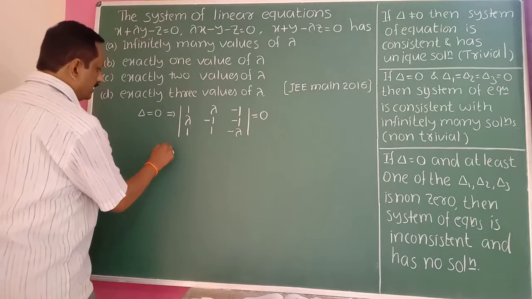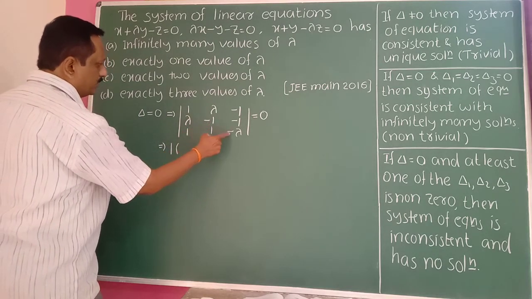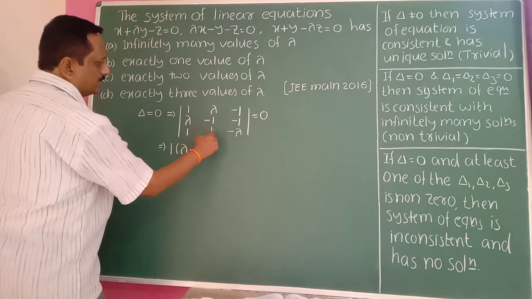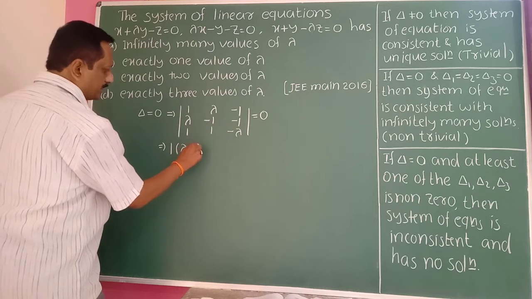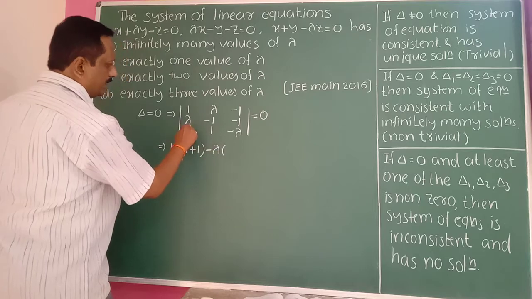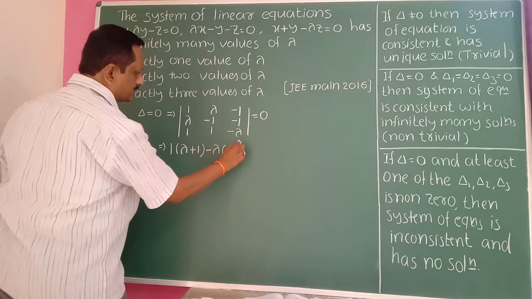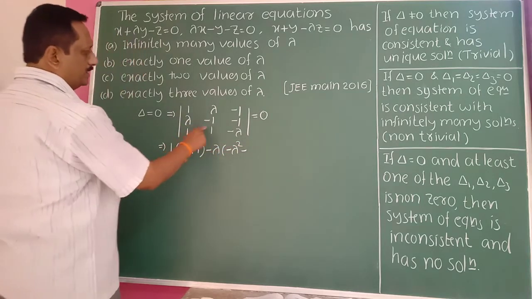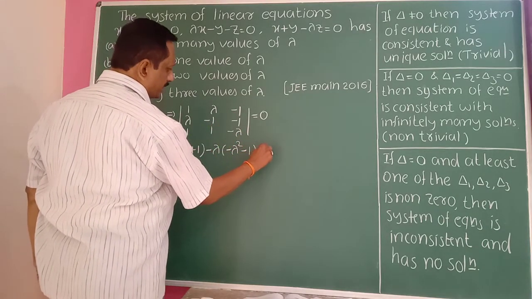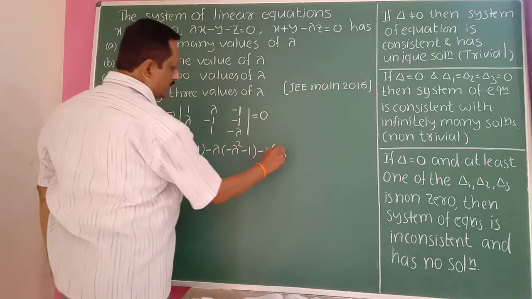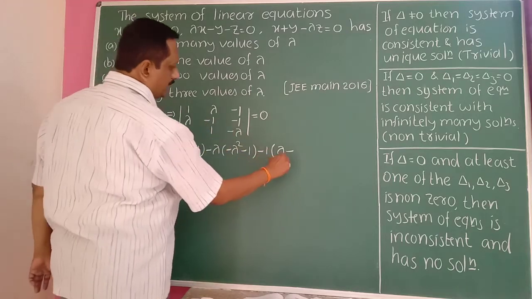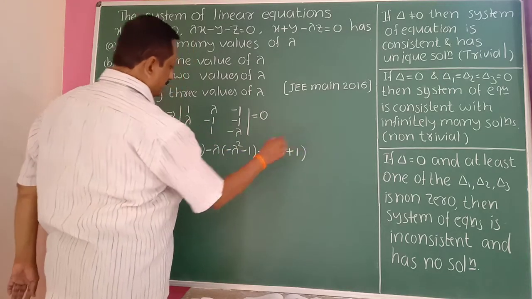This implies 1 into minus lambda is minus lambda, minus 1 into minus 1 is minus 1, minus plus here. Then minus of lambda into minus lambda is minus lambda square, minus of 1 into minus 1 becomes minus of 1 here. Then lambda into 1 becomes lambda, minus of 1 into minus 1 is minus 1, minus plus 1 here.